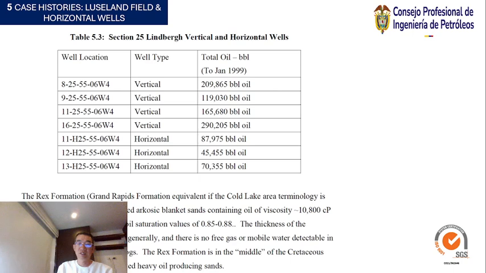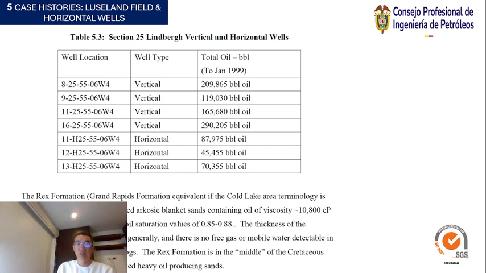The thickness of the producing zone is from 2 to 9 meters generally, and there is no free gas or mobile water detectable in the reservoir from geophysical logs.